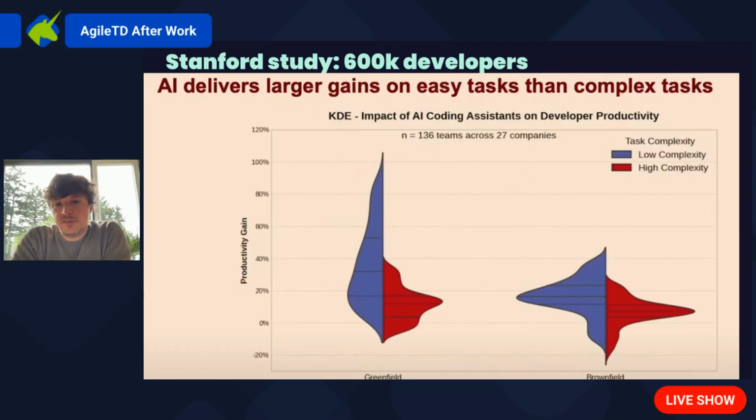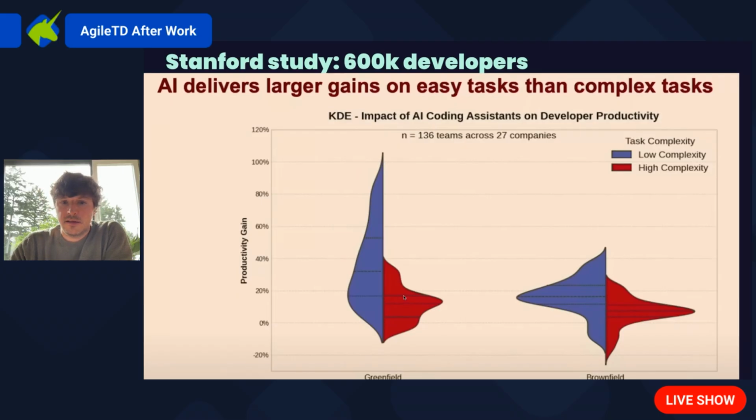And the interesting thing is that there are stark differences between the productivity gains on a greenfield project, where you don't have a lot of lines of code already written, if at all, or a brownfield code base, which has grown over years or decades and included many different programming styles. So you can basically see that for low complexity greenfield tasks, the AI productivity gain was higher than in other settings.